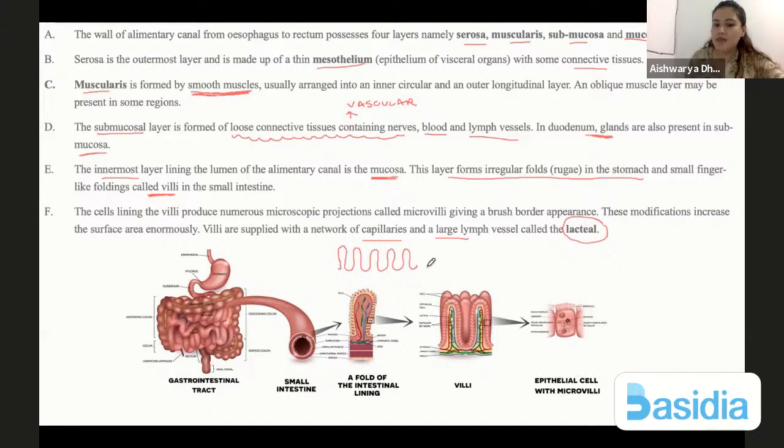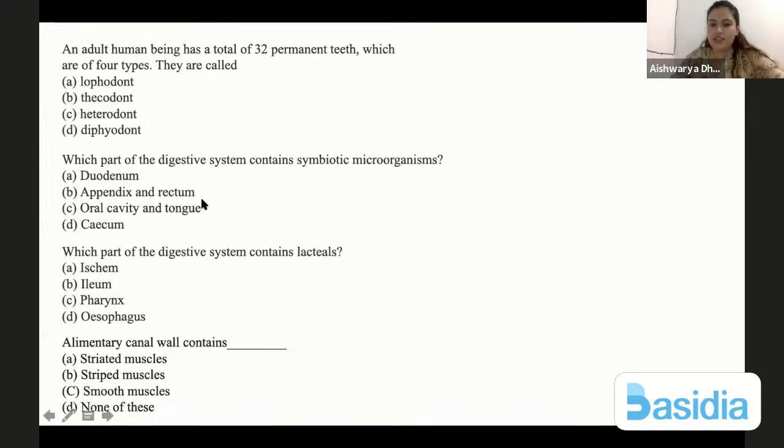Villi are mainly present for increasing the surface area. So these modifications increase the surface area for absorption of food material. So with this, we are done with the alimentary canal portion. We will be talking about the digestive glands in the coming session.